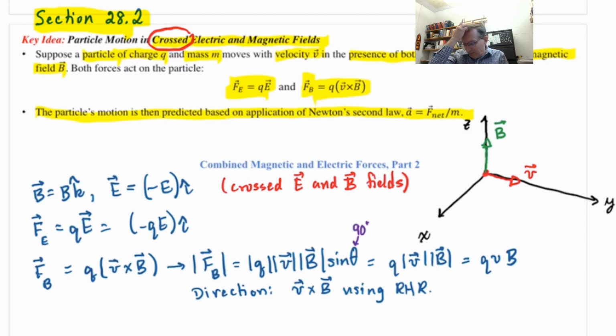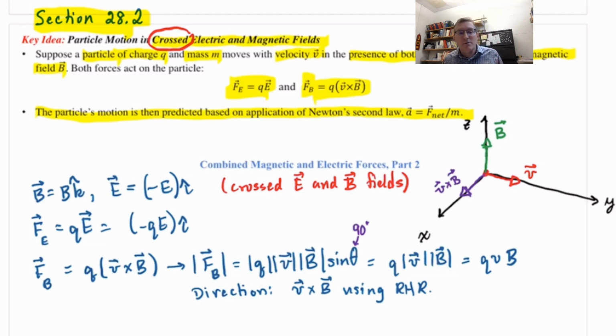Okay, so when we do V cross B, I take two pens, red and green, red for V, green for B. I do V cross B. My thumb points along plus X. It's got to be perpendicular to the plane of V and B. So let's be careful. Now that's the direction of V cross B using the right-hand rule.